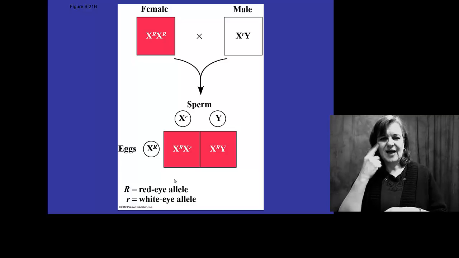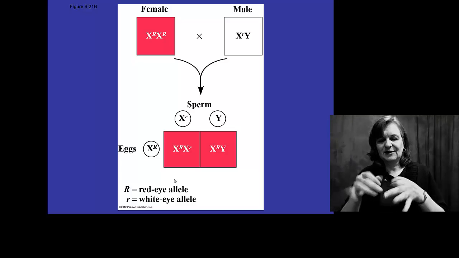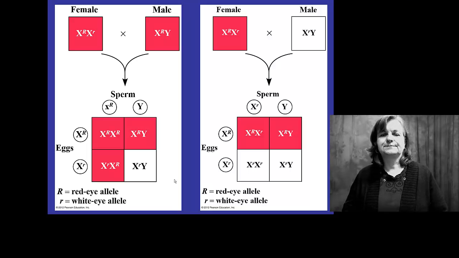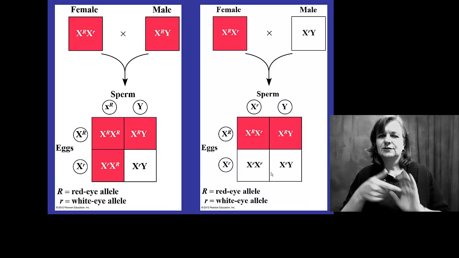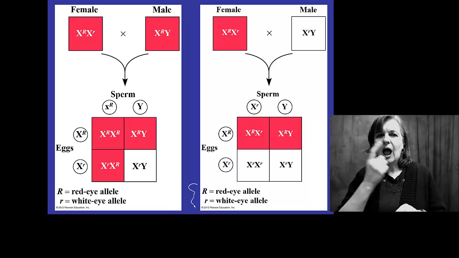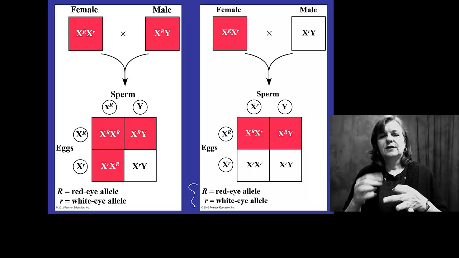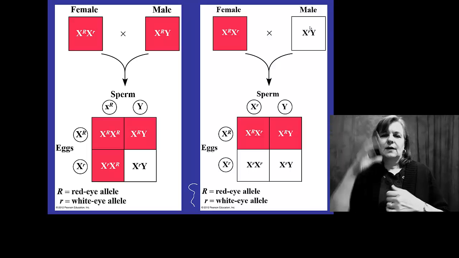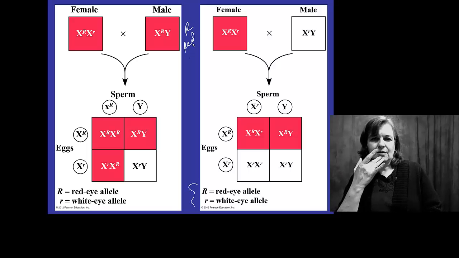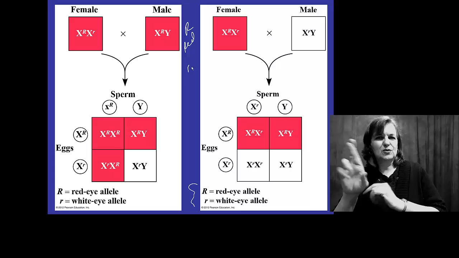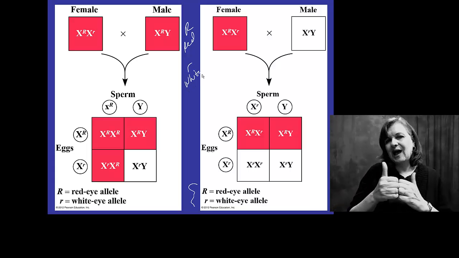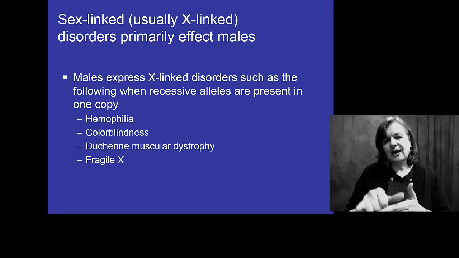I'm not going to focus on that for now, but if you're interested in it, it's here for you to consider: how you would get different combinations of offspring and different colored eye combinations based on whether you had the male with a particular eye color, R being the dominant red, or little r with the white eyes, and how that can be inherited and where that information is coming and going.